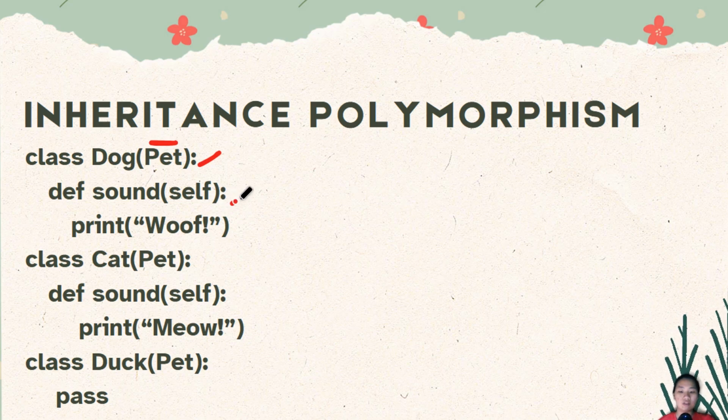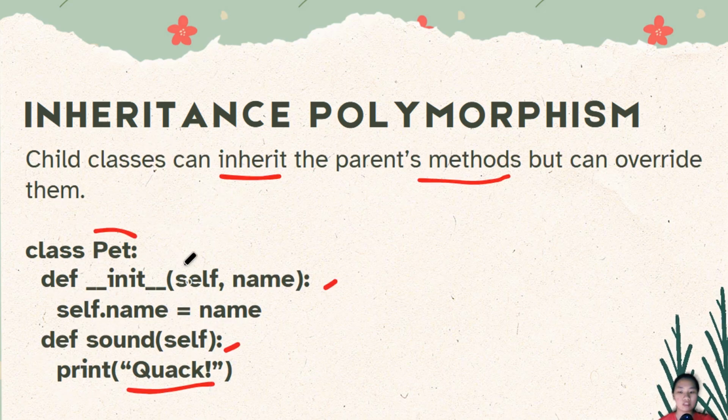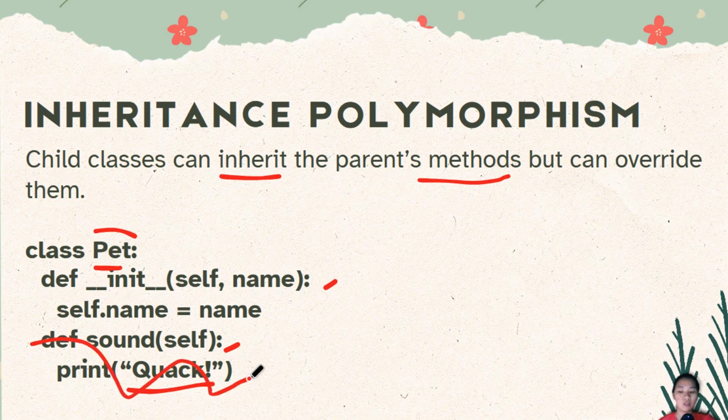Function sound, self, print wolf. So in this instance, the sound function of class dog overrides the sound function of the parent class pet, okay? So this becomes null. It does not apply to the dog class.